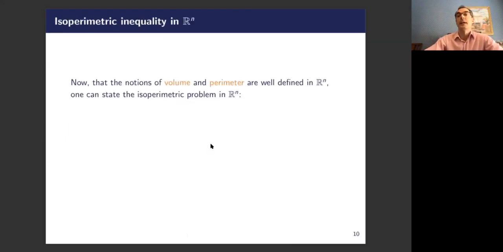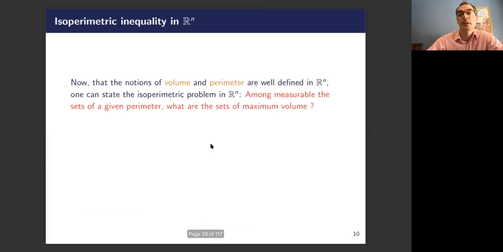Now that the notions of volume and perimeter are well defined in R^n, using the volume from Lebesgue theory and the perimeter from Caccioppoli theory, one can rigorously state the isoperimetric problem in R^n, which generalizes the isoperimetric problem that Queen Dido solved when she founded Carthage.